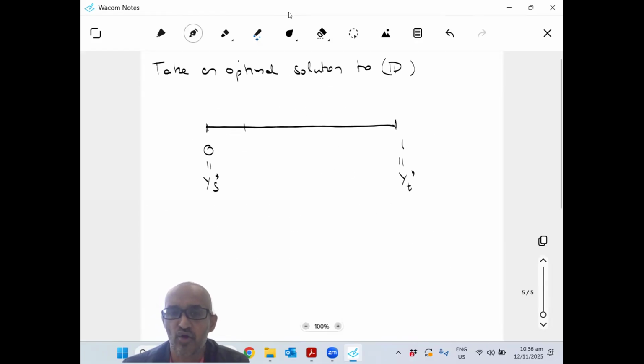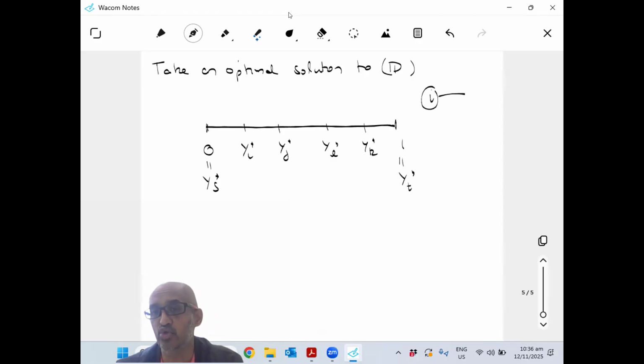So I might have yi, let's say here, maybe I've got yj here. And let's say ij is an edge in my graph. Maybe I've got yk here and yl here. So in this graph, I might have an arc which goes from i to j, and I might have an arc which goes from k to l.